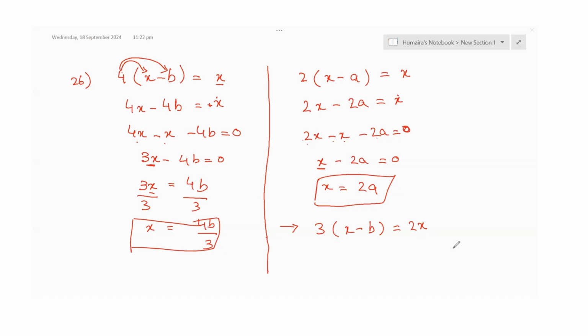Okay. 3 times 2. 2x. So hold on. There's a 6x minus 2x minus 3b. But what we want is the x. That's 2x.